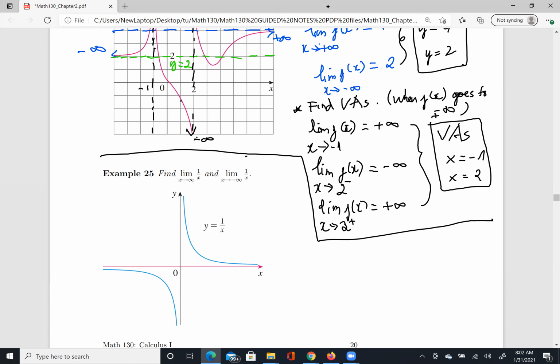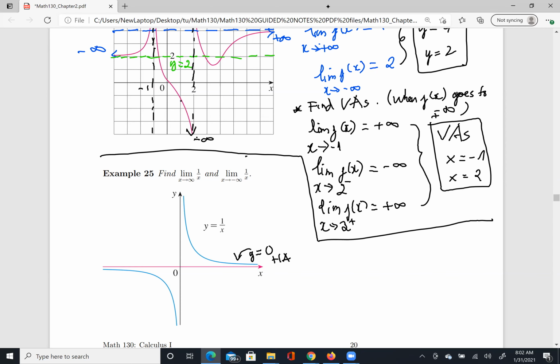Let's try example 25, right? So y equal to 1 over x, and y equal to 0 is the horizontal asymptote over here. You can see that.